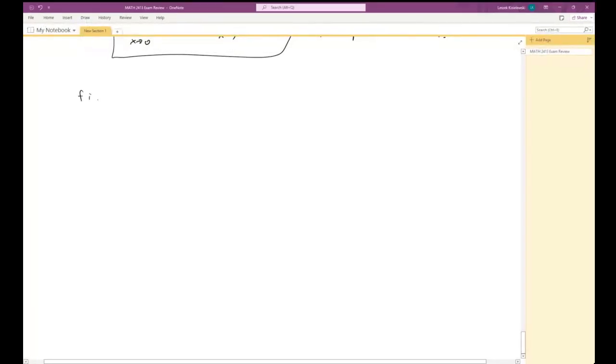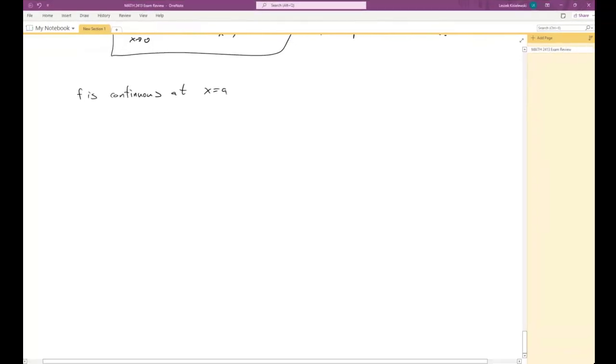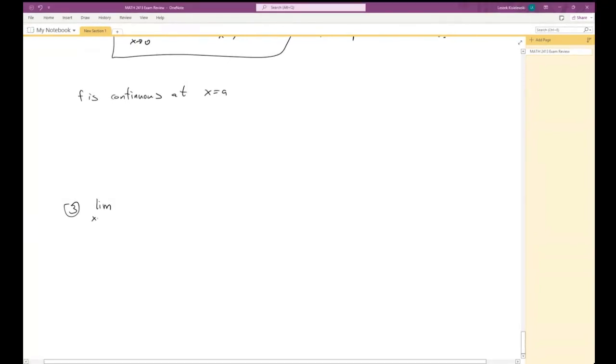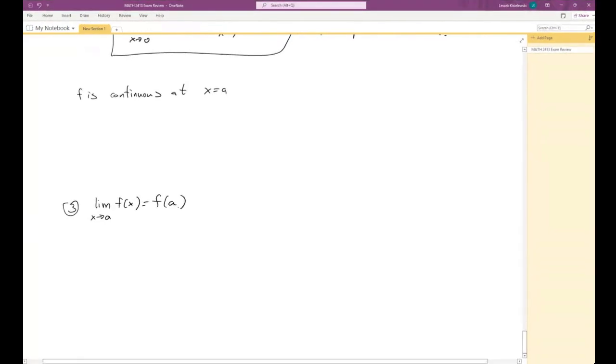So we say f is continuous at a point, at x equals a, say. If the following is true, at the end of the day, this statement kind of captures it all, right? But we typically break that up into two parts, right?